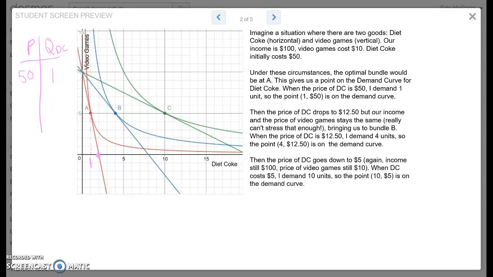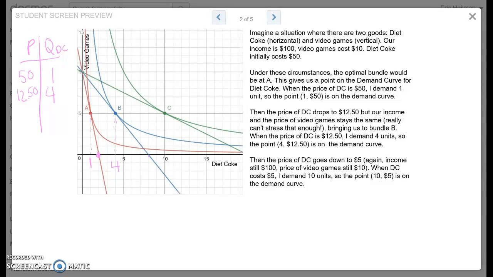And then we can say, okay, well, what happens if the price of Diet Coke goes down to $12.50? That's where the blue budget constraint is. The price of Diet Coke went down, so now the slope of the budget constraint changes. At that price, my new optimal bundle is here. I consume 4 units of Diet Coke, so in my little chart, if the price is $12.50, I consume 4 Diet Cokes.